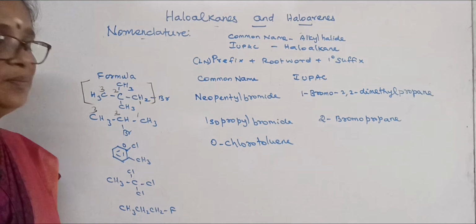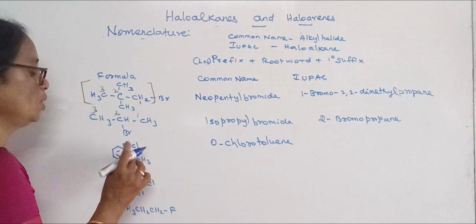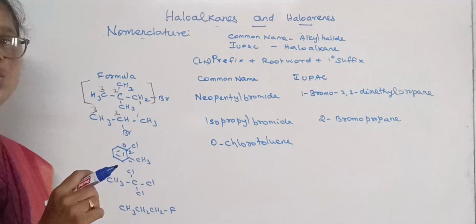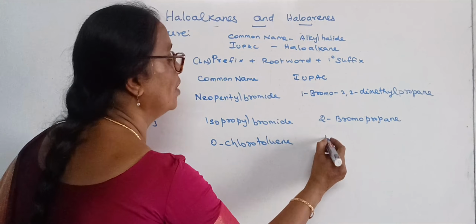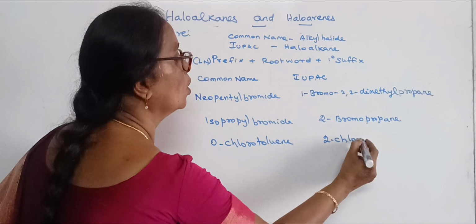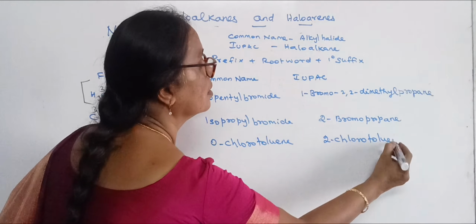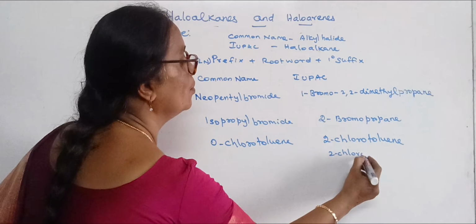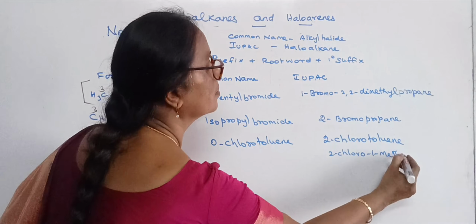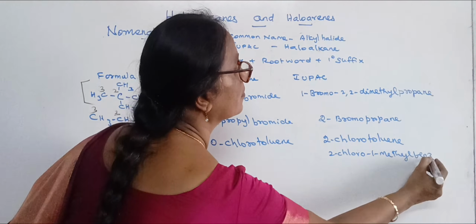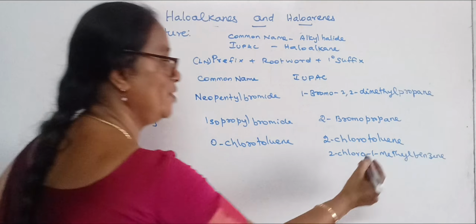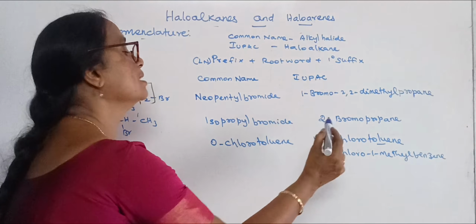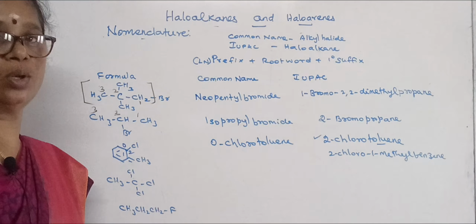In the IUPAC name, the ortho position turns into the second position. The methyl group is first position and the chloro group is second position. So I will write 2-chlorotoluene, or 2-chloro-1-methylbenzene. But toluene itself is accepted as an IUPAC name, so we can write the name as 2-chlorotoluene.